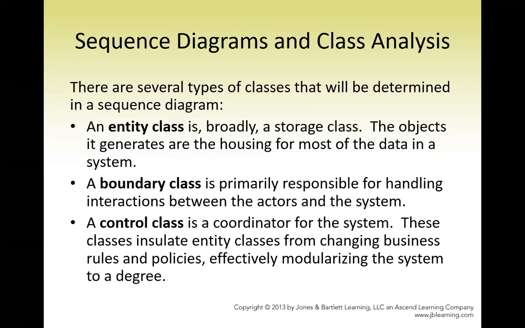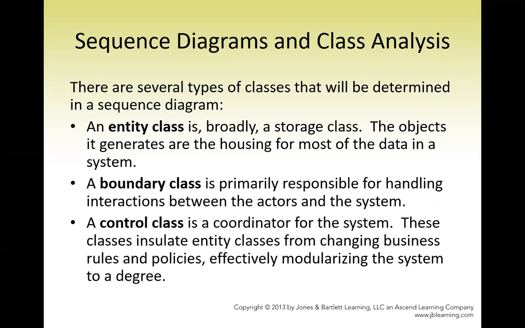There are several types of classes that will be determined in the sequence, like an entity, a boundary, and a control. An entity class is broadly a storage class. The objects it generates are the housing of most of the data in the system.